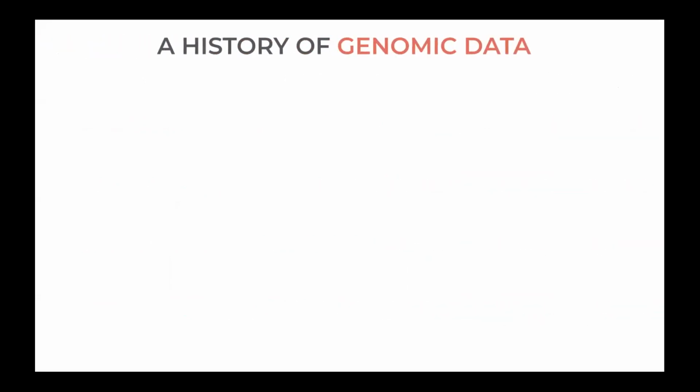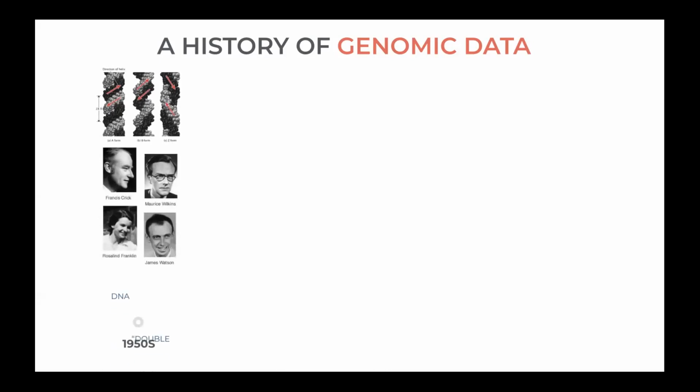So what is omics data? Let's talk about the history of genomic data to understand how we got to where we are today. So as we all remember, in the 1950s, the DNA double helix structure was discovered.